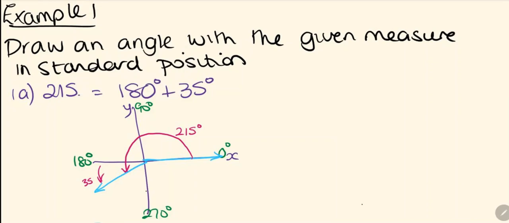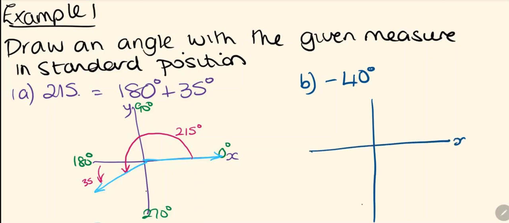So let's have a look at the second question. This says minus 40 degrees. So this is X and Y, 0 degrees, 90, 180 and 270. Our angle is going to start here, but it's negative.